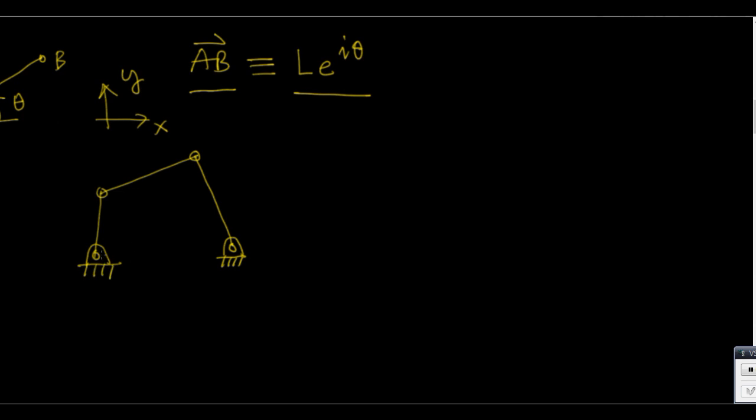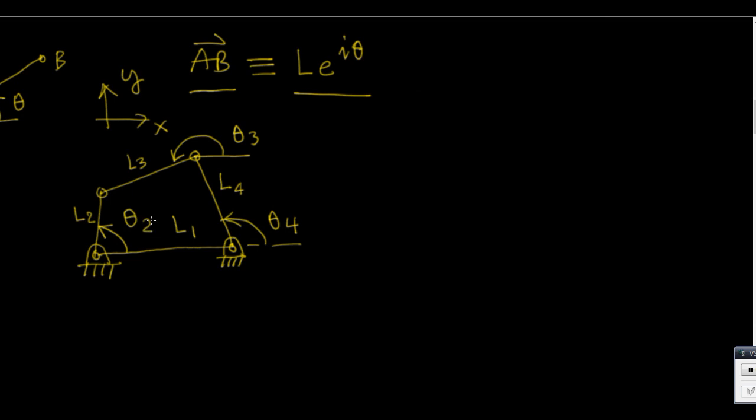And then what we will do is think of this length as L1, this length as L2, this length as L3, this one as L4, this angle as theta 4, this angle as theta 3, this angle as theta 2.